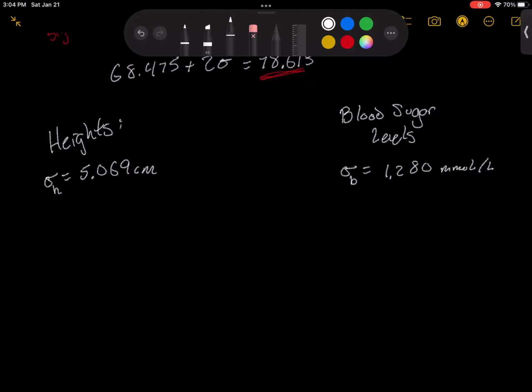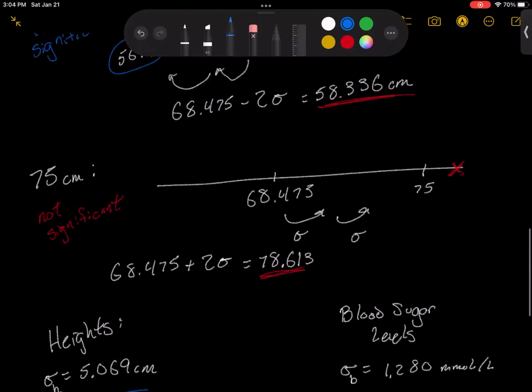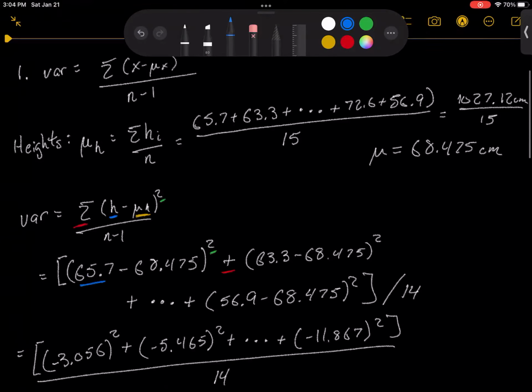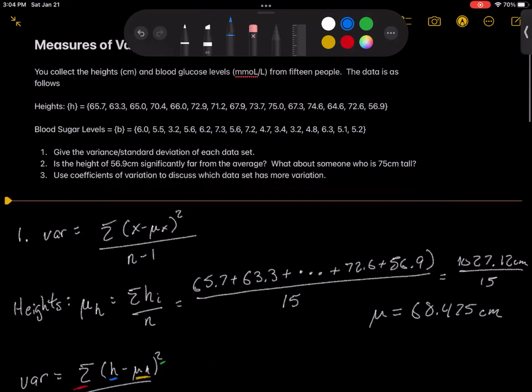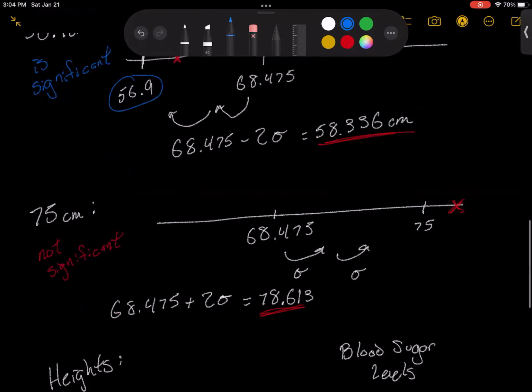So just by going off of this, it seems like the heights have more variation because they have a higher standard deviation. But notice also that the heights were measured in numbers much larger than the blood glucose levels, right? The heights are somewhere between, let's say, 65 and 80. The blood sugar levels are much smaller numbers, somewhere between 3 and 8.